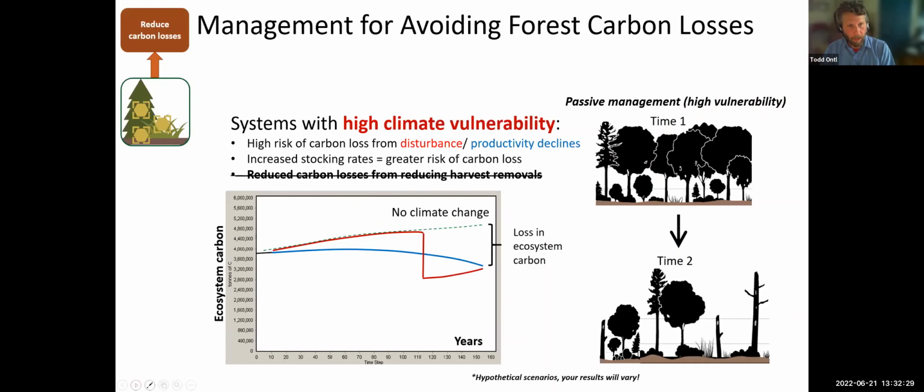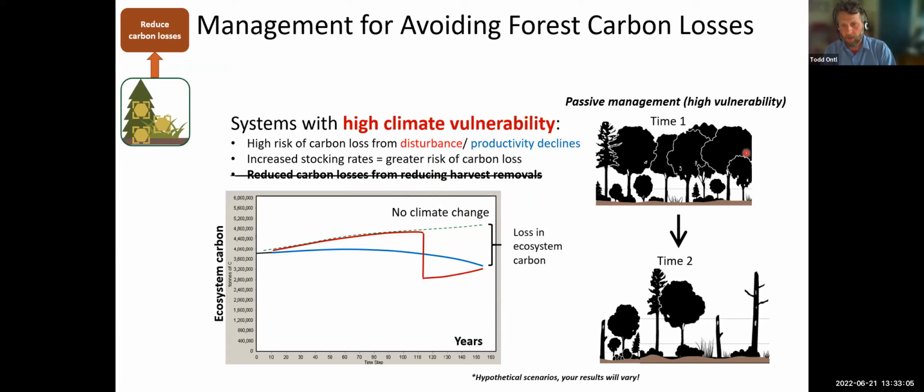But integrating that idea of vulnerability and disturbance risk here, now the more carbon we gain in the system, if a disturbance were to occur, such as a wildfire, which I'm showing here with this red line, kind of an immediate loss of carbon through combustion, or productivity declines, which I'm showing in the blue line here, that compared to no climate change occurring, that's a loss to the system, and the more carbon we have, the greater the loss is.